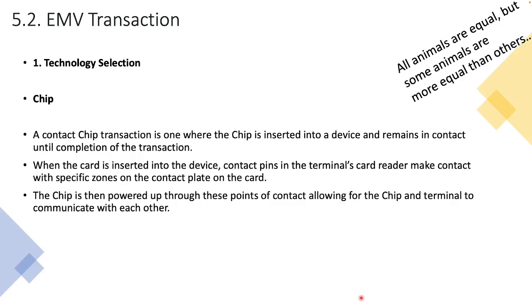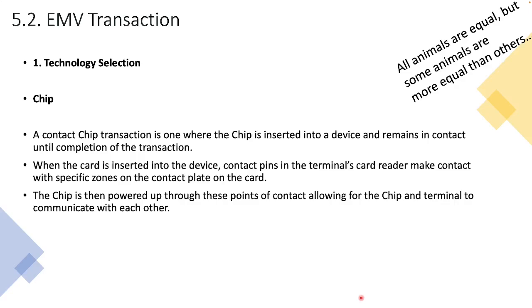Basically, you've got a POS device that has power. You put in a chip that doesn't have its own inherent power, but because there's a contact pin in the terminal that touches a specific zone on the contact plate in the card, this supplies power to the card.